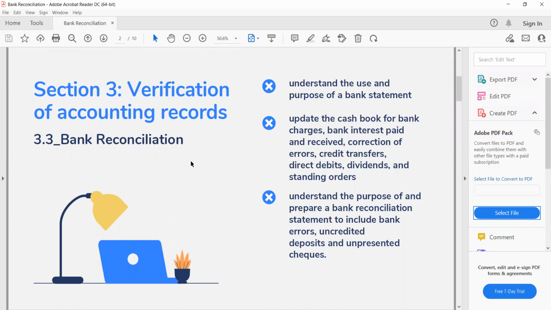Understand the use and the purpose of the bank reconciliation, the bank statement, and why we want to do the bank recon. Number 2, update the cash book for the bank charge, bank interest, payment or receipt, correction of the error, and credit transfer. This normally happens because we did not know what items went directly to the bank.